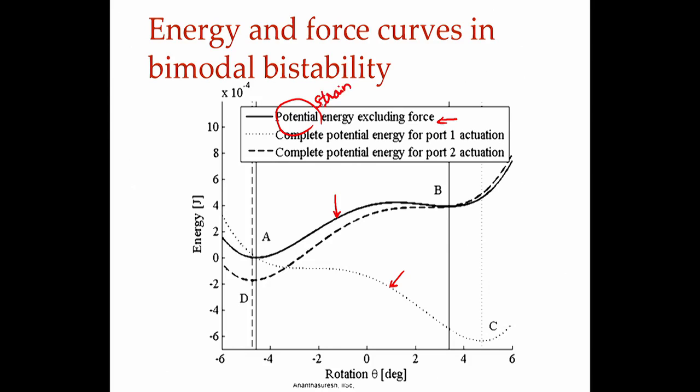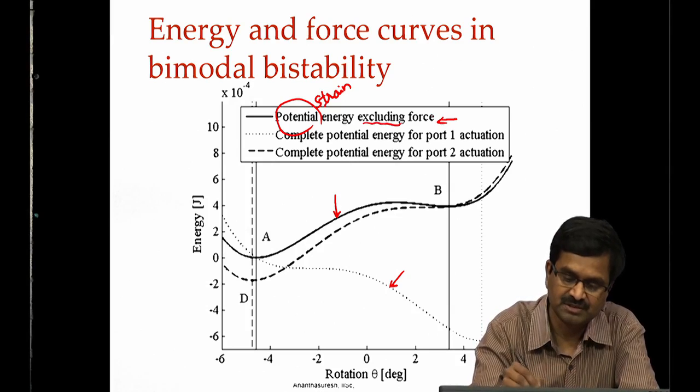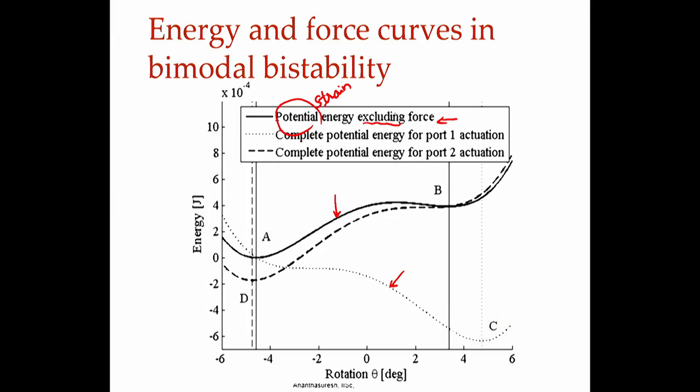Strain energy plus work potential become the potential energy. So, there is no force, that is excluding the force, that is strain energy itself that we have. Then we have port 1 actuation, potential energy, and then port 2 actuation, the other potential energy. This is strain energy, this is potential energy with port 1 clicking sound and then P2 clacking sound.